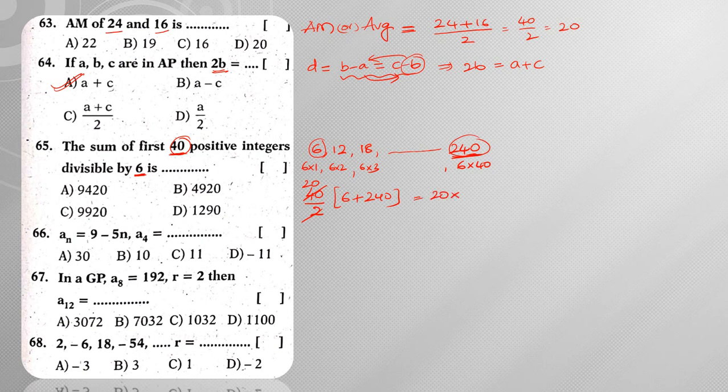Next this can be written as 20 into 246. When you multiply with the 2, 6 2s are 12, 1 is carried, 2 4s are 8 plus 1 is 9, 2 2s are 4. So the answer is 4920.